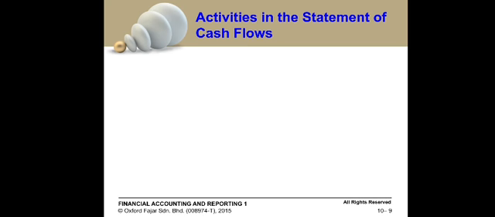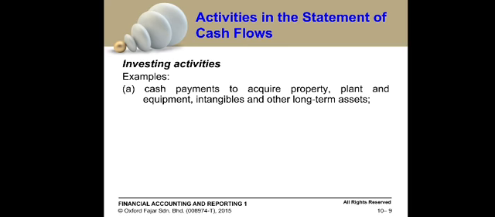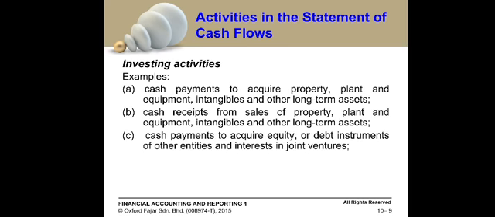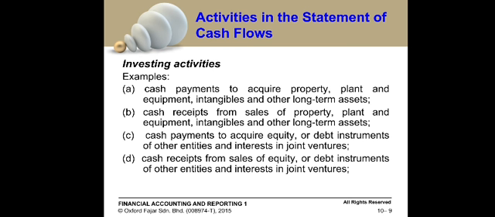So this kind of activities are called investing activities. Let's see, there are examples here. Okay, the first example is cash payment to acquire property, plant and equipment, intangibles, and other long-term assets. This is an example of a cash transaction related to investing activities.